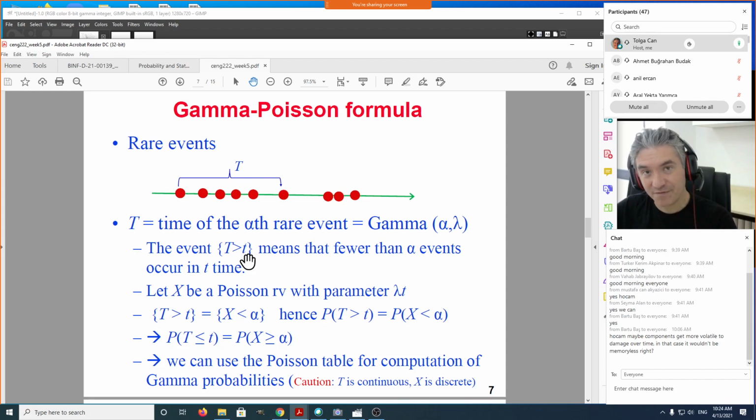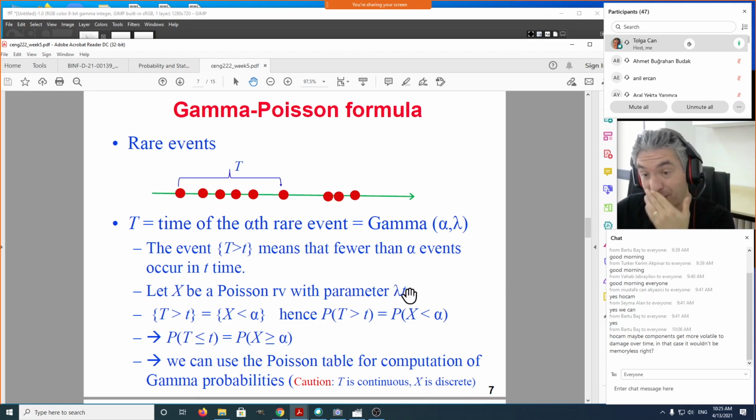If lambda was given to you as the number of events in a minute, then the number of events that happen in 10 minutes is 10 times lambda. If lambda was given to you as the number of events that happen in an hour, then you have to again convert it to lambda t.